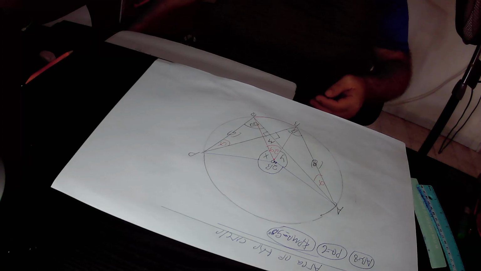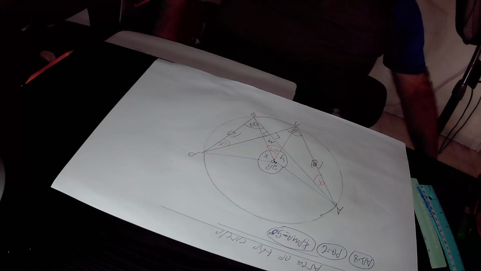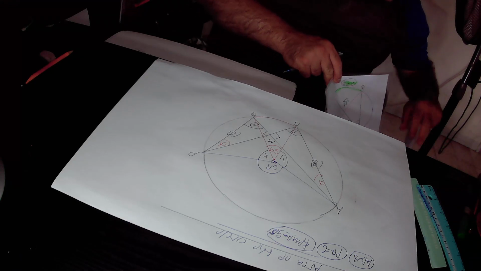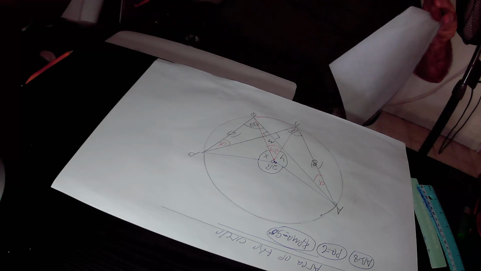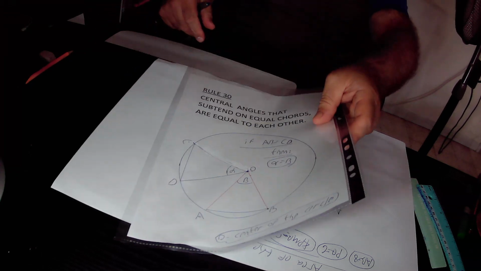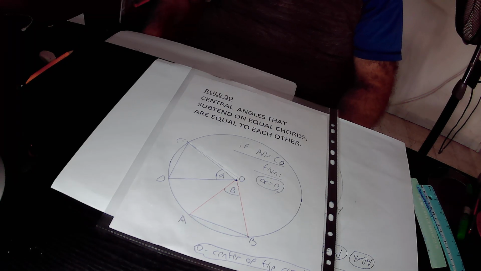In the next step, I presented to you rule 30, and we implemented rule 30 in our drawing. According to rule 30, central angles that subtend on the same chord are equal to each other.